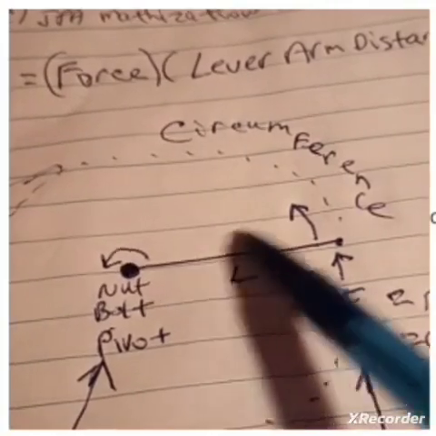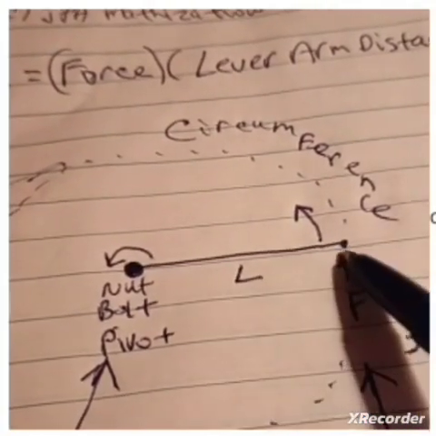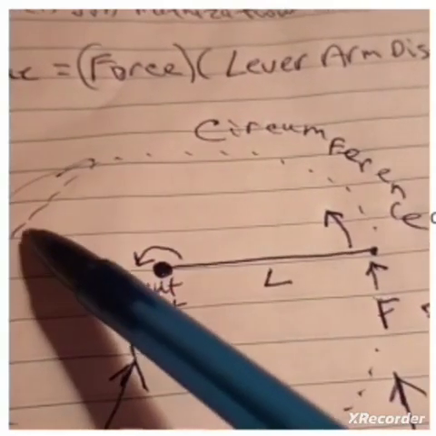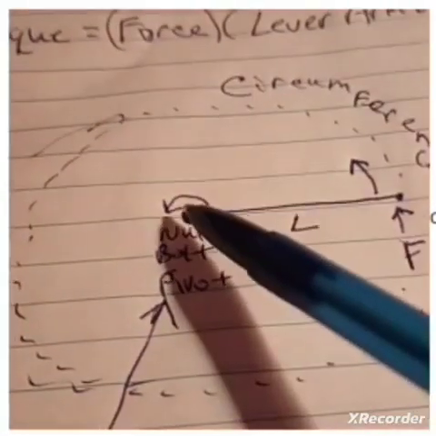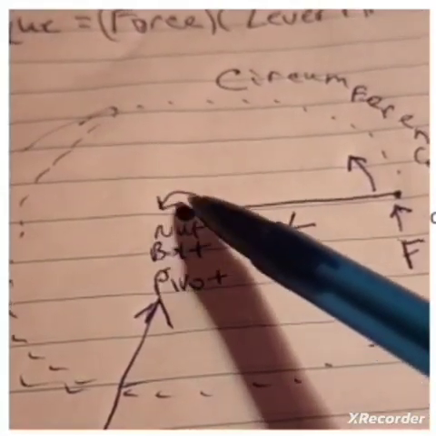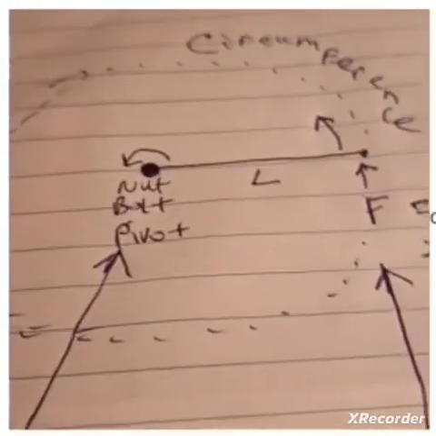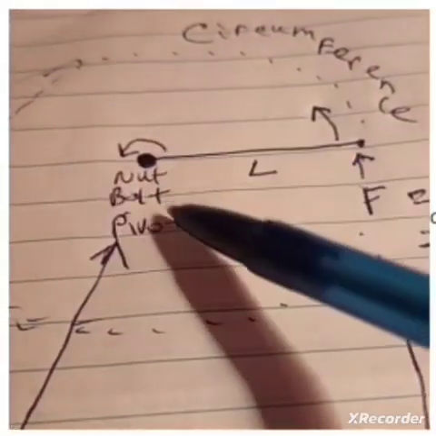That might be a beam or a wrench or something. And in this example, it can go counterclockwise, and of course, this nut or bolt would turn counterclockwise also, such as when you're trying to tighten it or loosen it.